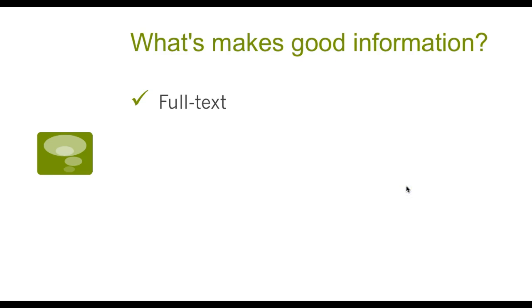So what makes good research? Full text, having a PDF, for example. Having it recent. So if you were to give me something from 1977, I'd go, probably you're going to be giving me things from this century, unless it's something really unusual. Peer-reviewed, and that's one reason why clicking those boxes on EBSCO's page would be very useful.